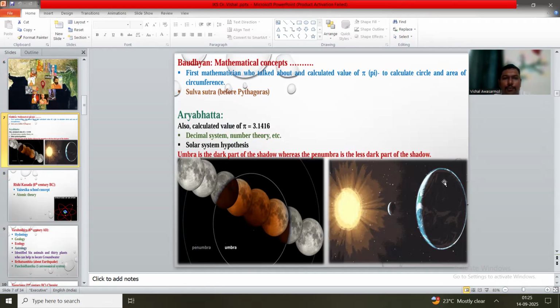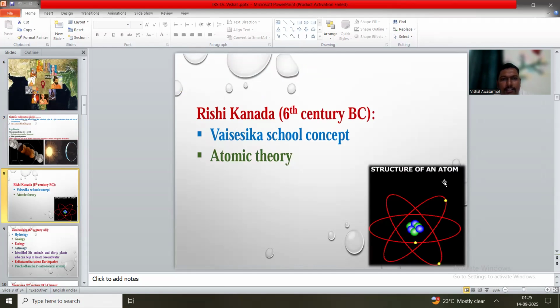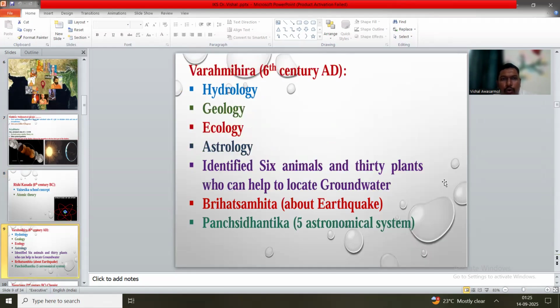Solar system hypothesis. Umbra is the dark part of a shadow, whereas the penumbra is the less dark part of the shadow. Further, we see Kanada in 6th century BC, Vaisheshika school concept and atomic theory. Varahamihira in 6th century AD: hydrology, geology, ecology, astrology.